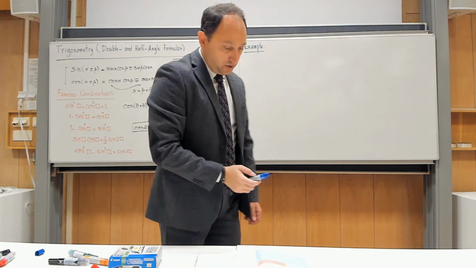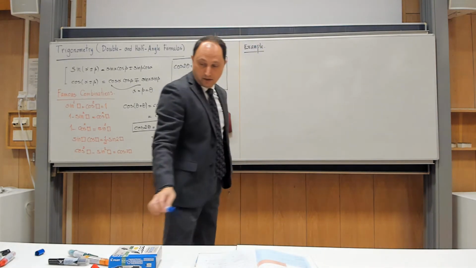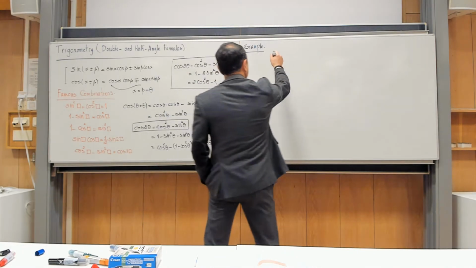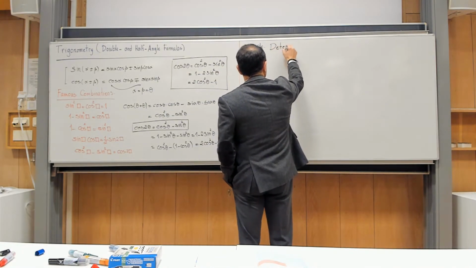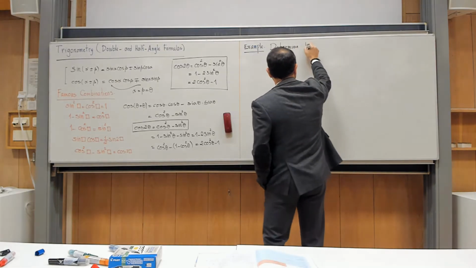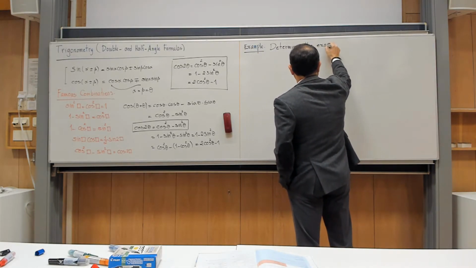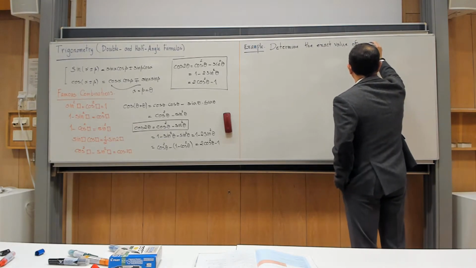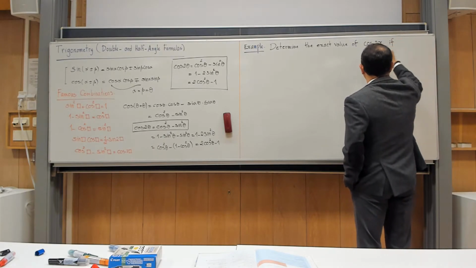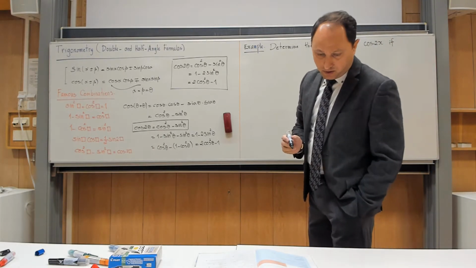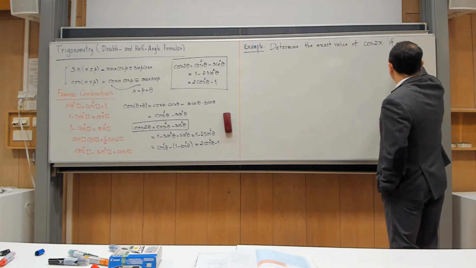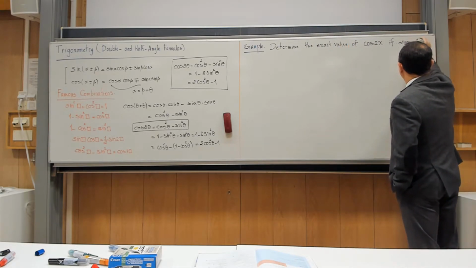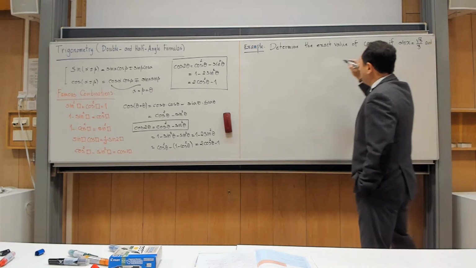So here you are supposed to determine the exact value of cosine 2x if it is mentioned that sine x is square root of 3 divided by 3 and x is an acute angle.